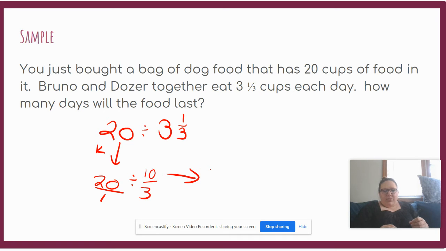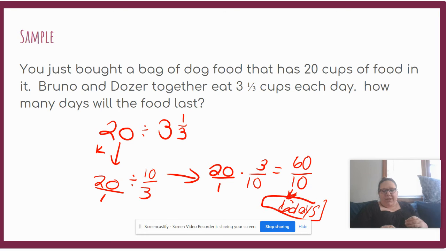So if I do my keep, change, flip, 20 over 1 stays the same, times 3/10. 20 times 3 is 60. 1 times 10 is 10. So the food would last 60 over 10, which is 6 days, because 60 divided by 10 would be 6.